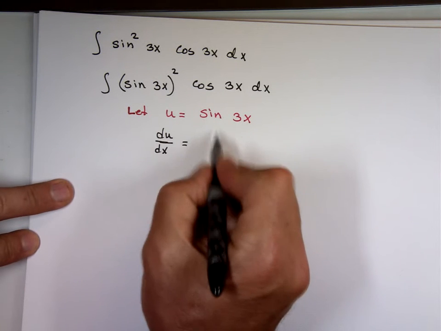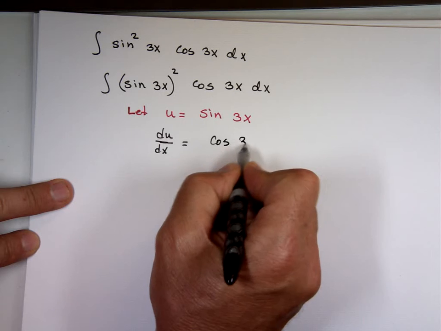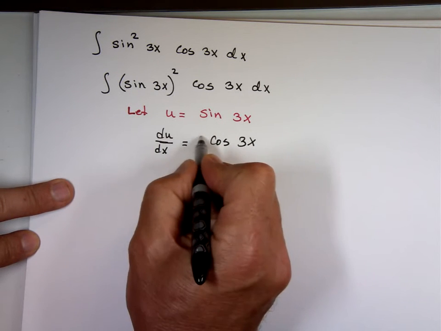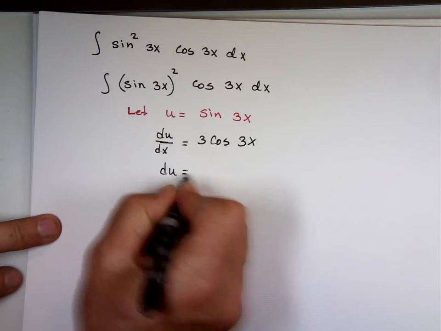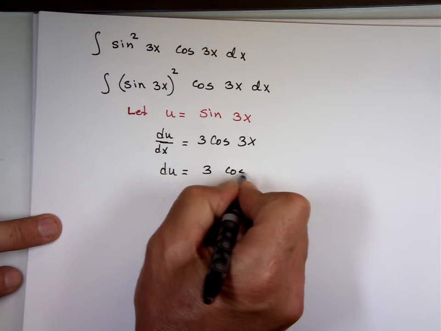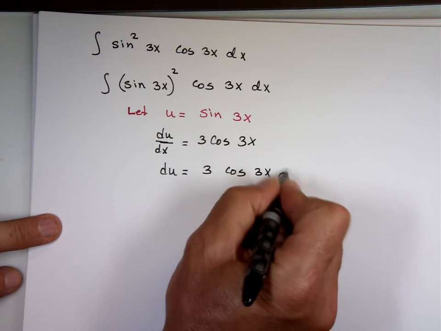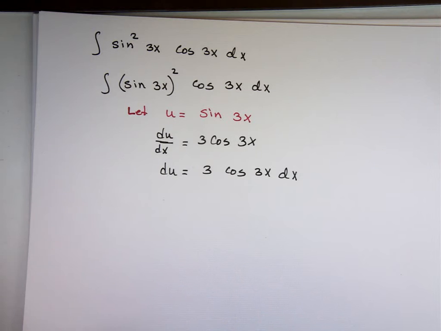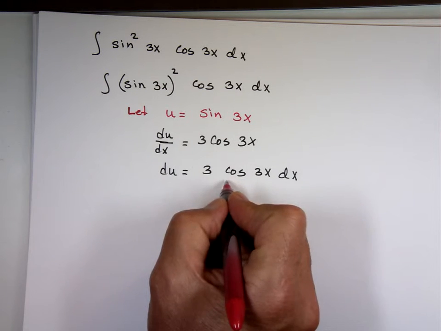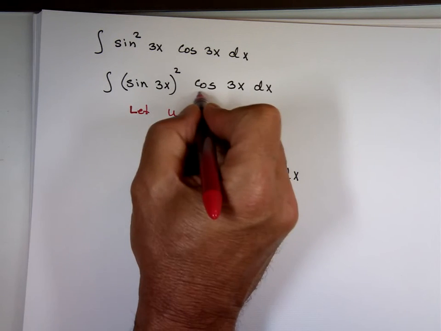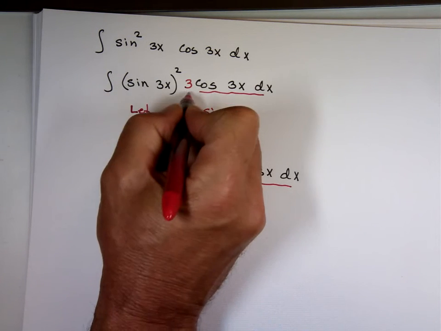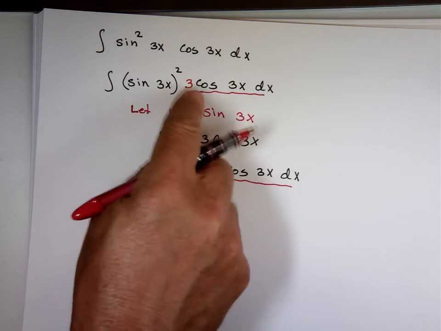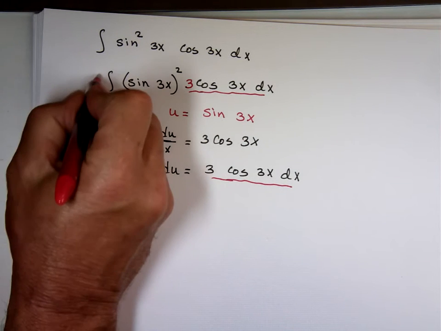Yep, it's cosine 3x times the derivative of 3x, which is 3. So du equals 3 cosine 3x dx. Almost perfect. Notice this here matches this. What's missing again? The 3. So multiply it by 3 to make it a perfect match. If you multiply it by 3, you have to multiply the front by 1/3.